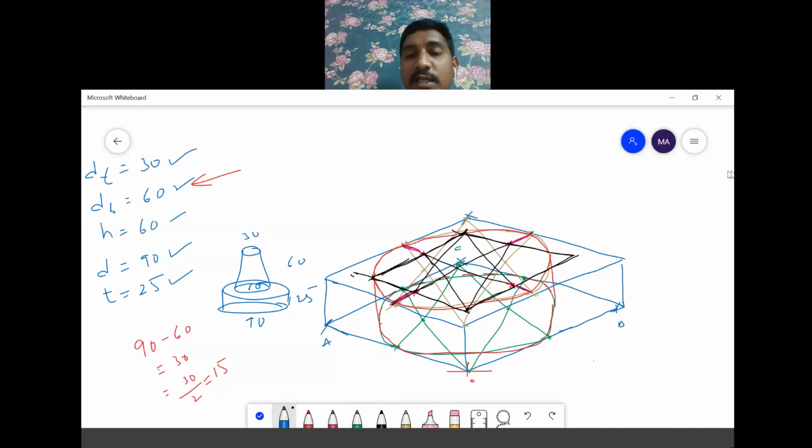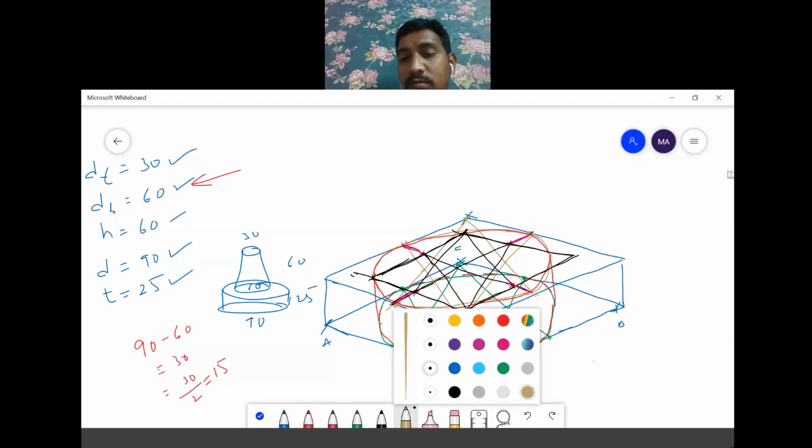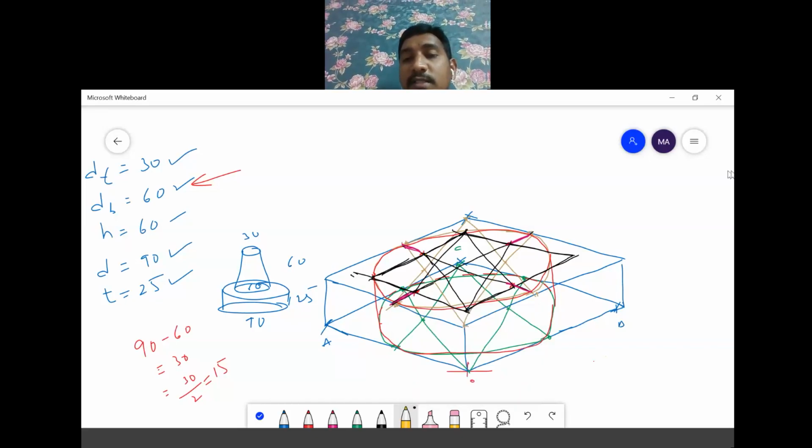This as a center, this as a radius, I have drawn one arc here. This as a center, this as a radius, I have drawn one arc here.